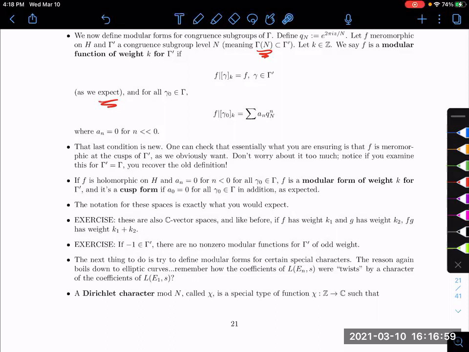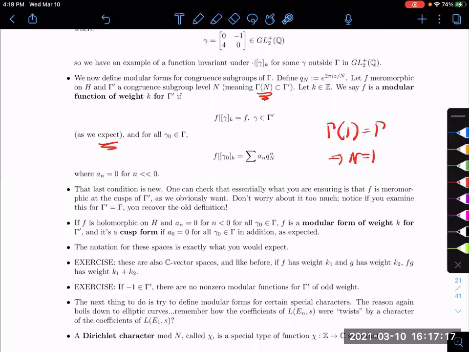But secondly, if gamma prime happens to be all of gamma, what happens here? Well, I told you before that gamma of 1 is just gamma. In particular, capital N would be 1, which means q sub N would be q. So this side would become the right-hand side from the original power series condition on modular forms.